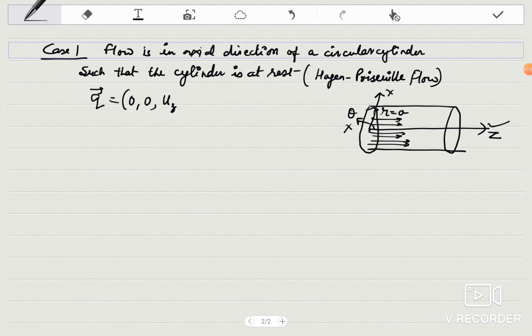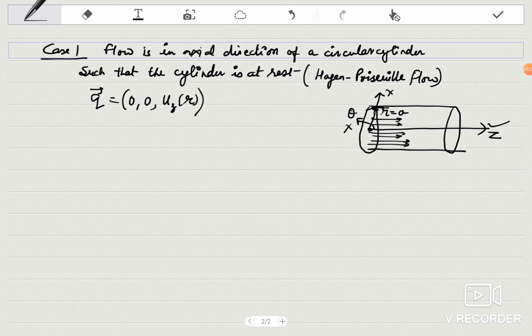and naturally your fluid flow will be governed by this radius, because near this wall your flow velocity will be different, because this is at rest and here is the flow because of the pressure gradient, and therefore the component of velocity will depend upon r.